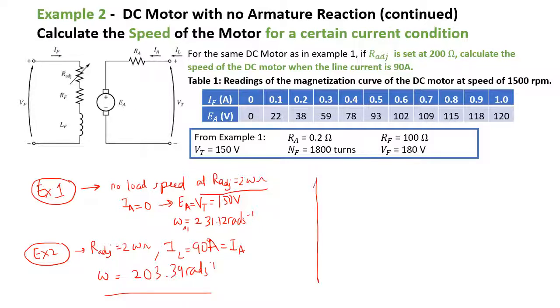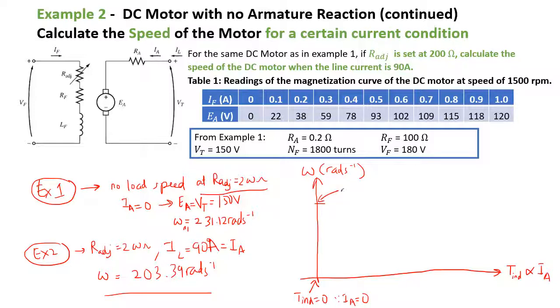So if we were to plot the speed of the motor in radians per second against the torque, which is proportional to IA, at this point here the induced torque is 0 because IA is 0, and the speed is the no load speed, which is 231.12 radians per second.